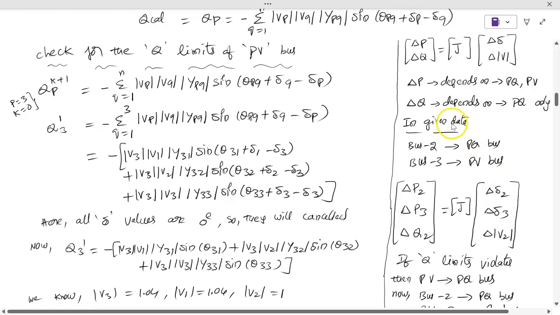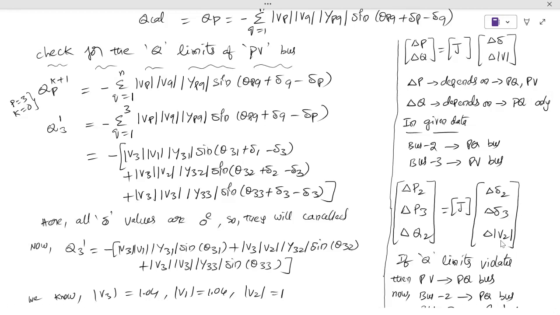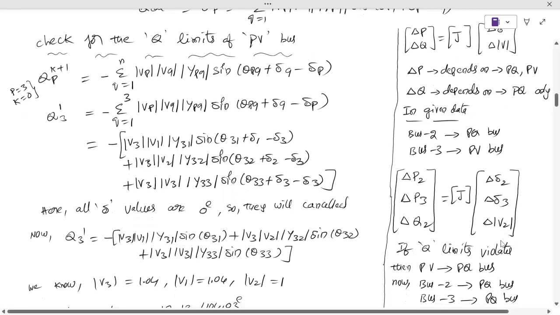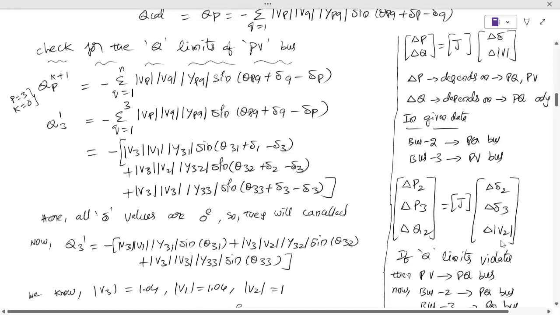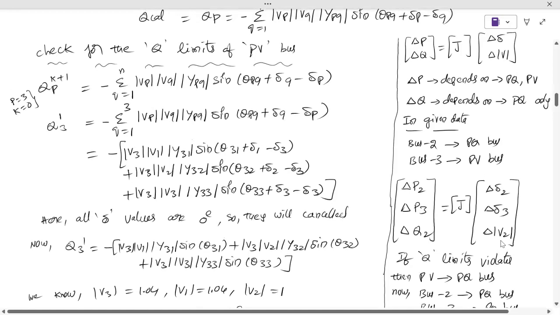Then delta Q depends on only the PQ bus, the second bus. So only delta Q2 comes here, delta Q3 will not come. Then delta V2, as per the general process.